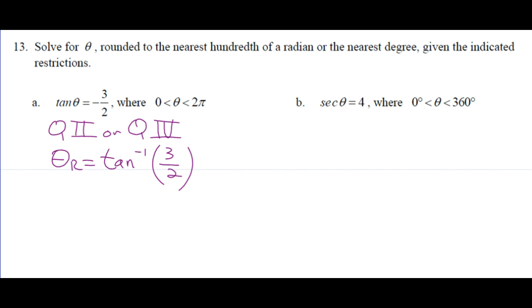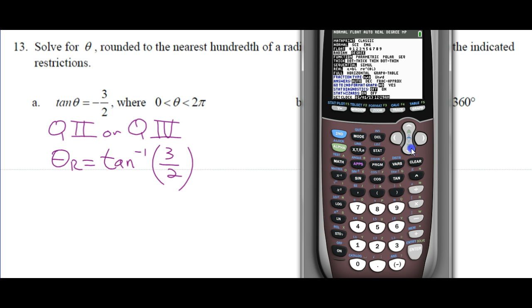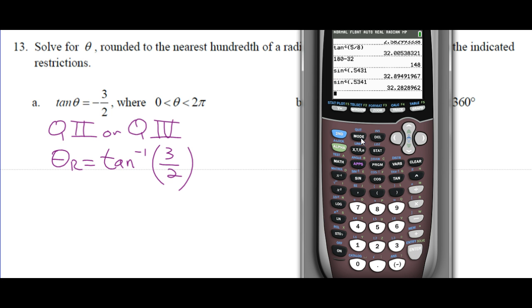And we're in radians, so we've got to convert the calculator into radians. Mode, radian, quit, clear. Okay, so tan inverse of 3 divided by 2, which is, what do we want here, nearest hundredth? So call it 0.98.